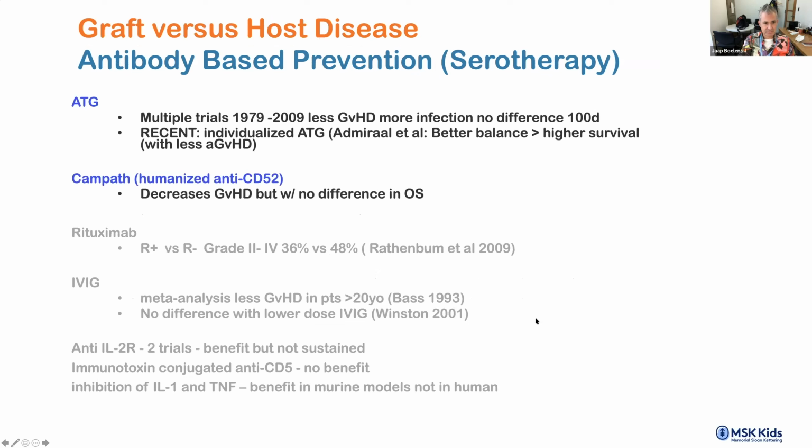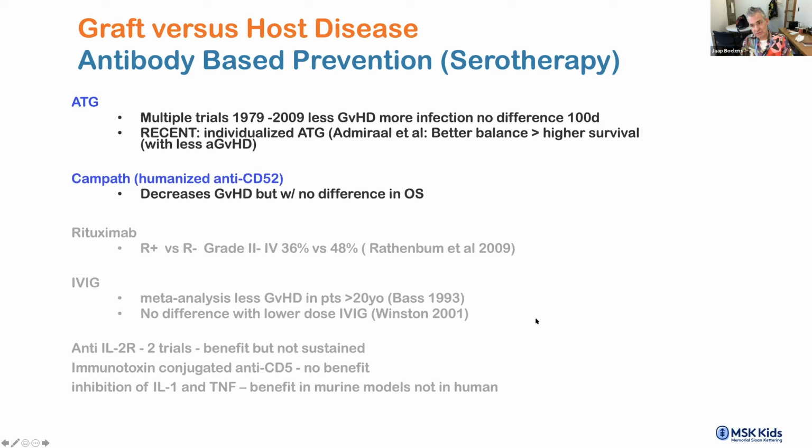Other agents to prevent graft versus host disease are ATG or Campath. What we have learned over the last couple of years is that ATG, an antibody given in the conditioning regimen, can prevent graft versus host disease. But we have also learned over the last couple of decades that there is a delicate balance. If you give too much ATG, yes, you are successful in preventing GvHD, but you also impact the immune reconstitution after transplant, which can give rise to more infections.